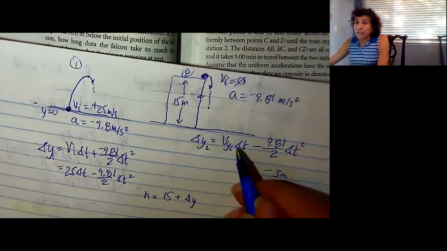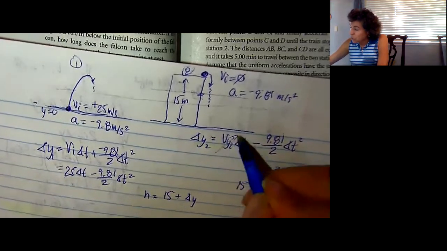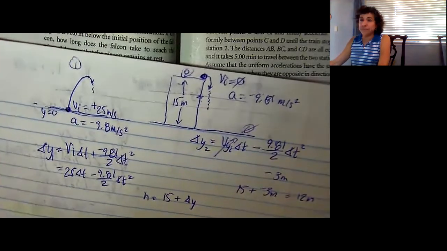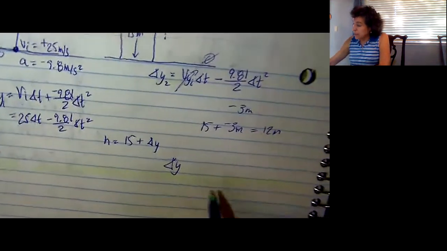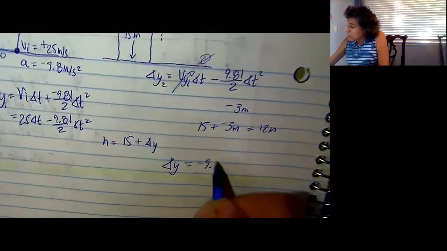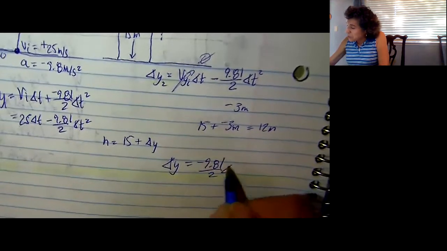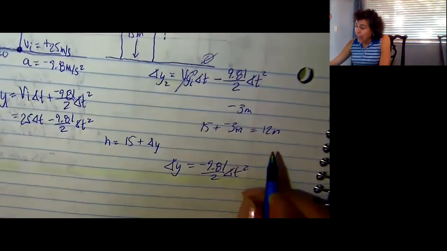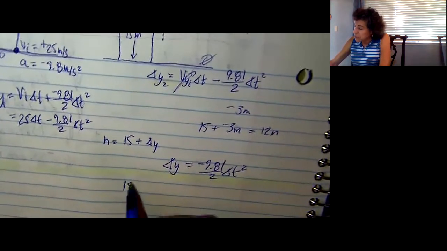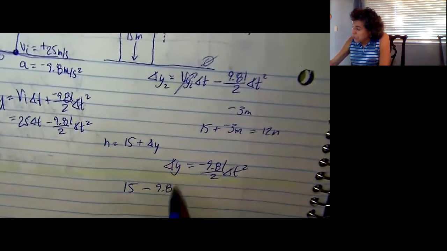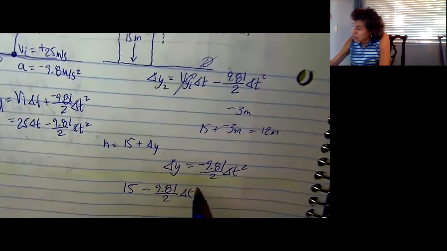Over here, v initial is 0, so this whole term goes out to 0. Okay, so let me write this down here. This delta y on this guy is going to be negative 9.81 over 2 delta t squared. But the height, I got to add 15. So on this guy here, the height is 15 minus 9.81 over 2 delta t squared.